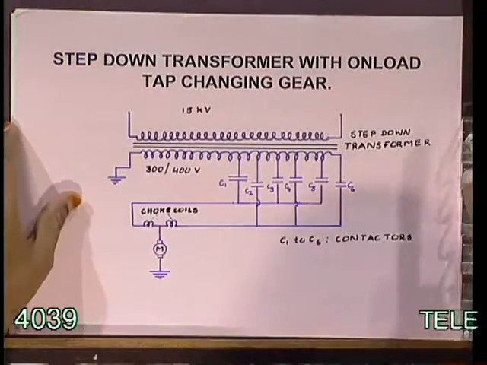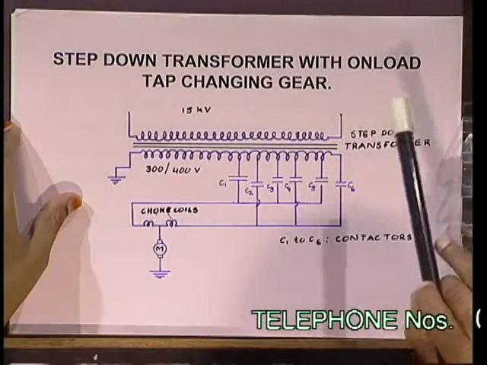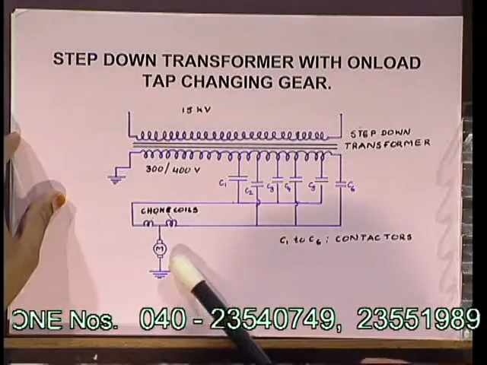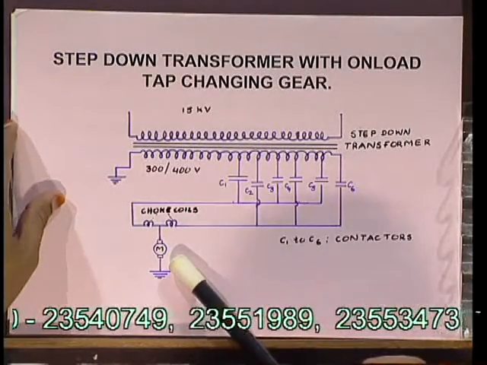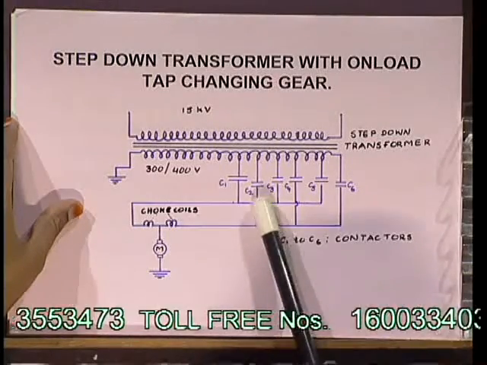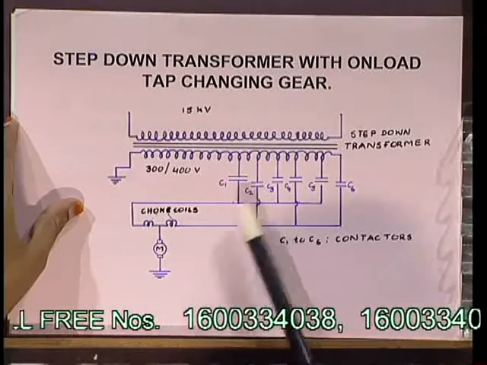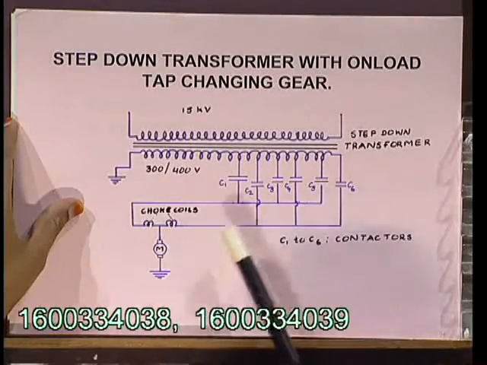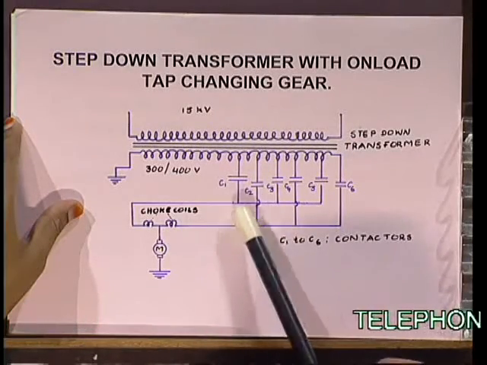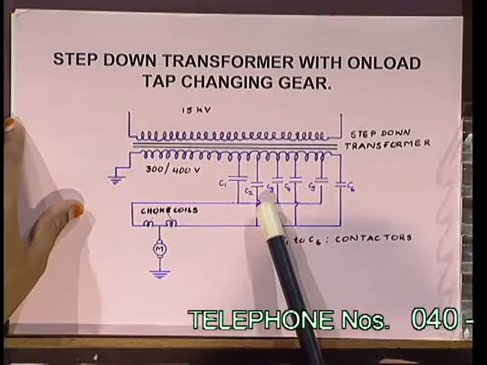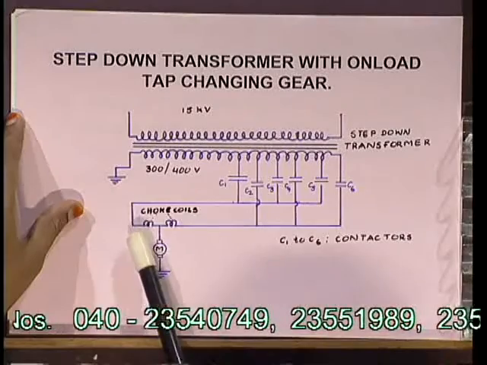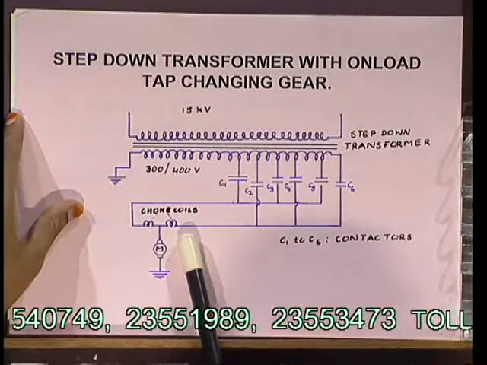It is ensured that while changing the tappings, the voltage on the motor is not interrupted. If contactors C1 and C2 are closed, the voltage given to the motor will be the mean of the tapping voltages of these two closed contactors, and the circulating current is minimized by the choke coils.